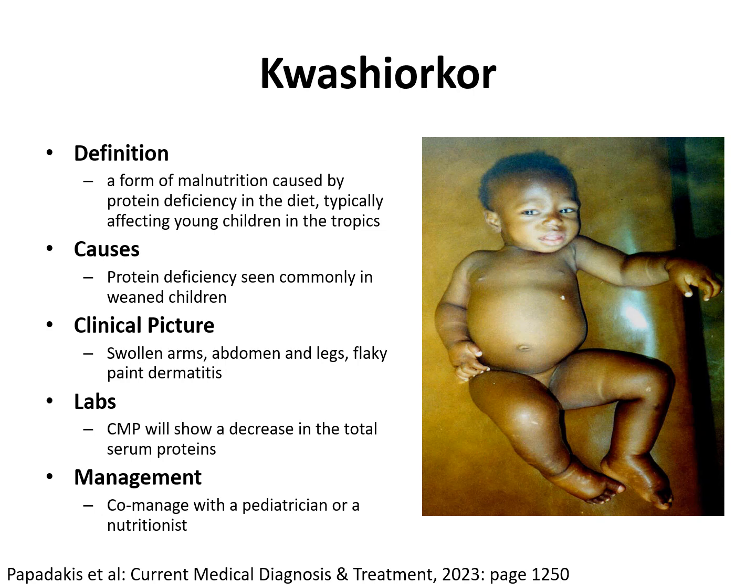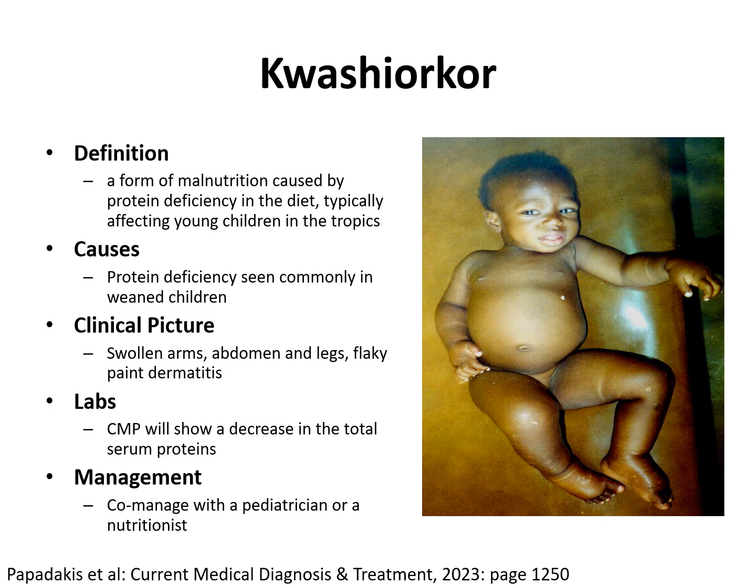The word kwashiorkor is from a Ghanaian word that actually means the displaced one. The child has been displaced from the mother's breast, taken up by the newborn. And so the cause of kwashiorkor is protein deficiency seen commonly in weaned children.